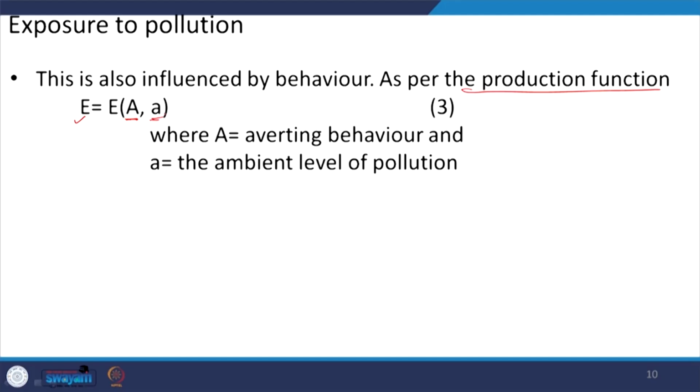If you are taking or not taking these two factors into account, then these two factors will decide your exposure to pollutions.